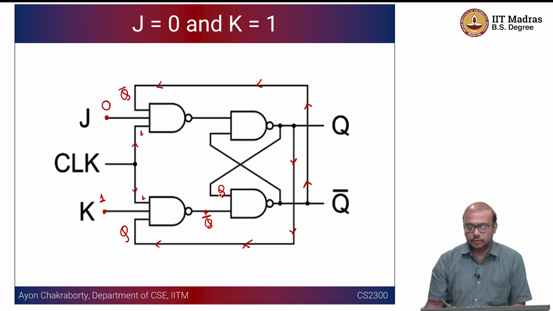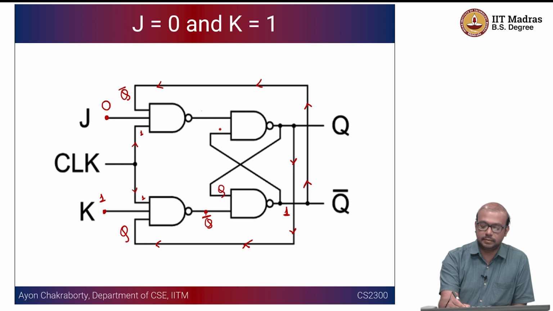Okay, so if we put this configuration Q and Q bar, if you take an AND, this is going to be 0, and so the NAND of it is going to be 1. Similarly, if you have a 1 here, but you are also having a 1 here, because J is equal to 0, so 0, Q bar and 1, the ANDed value is going to be 0, the NANDed value is going to be 1.